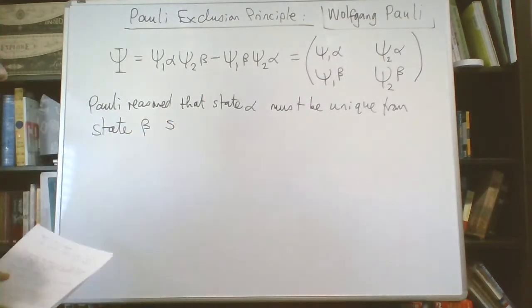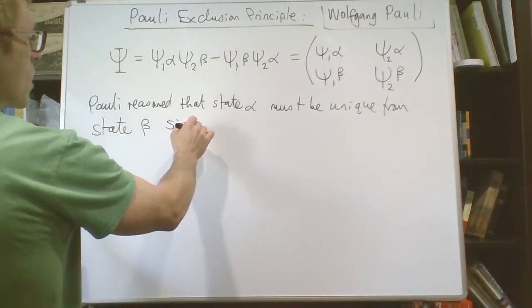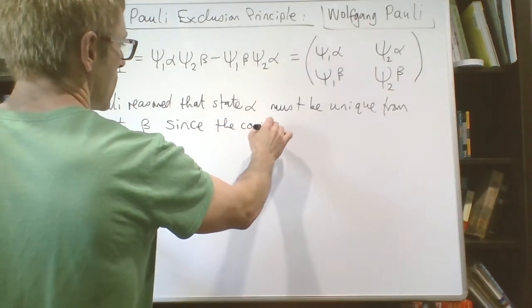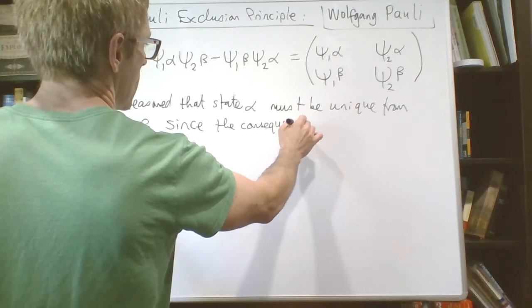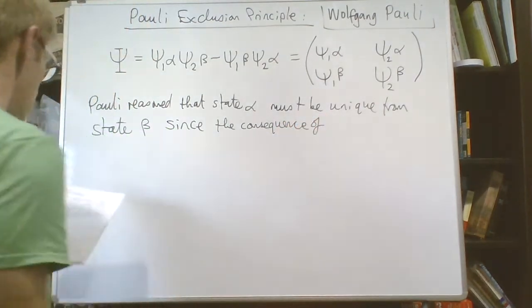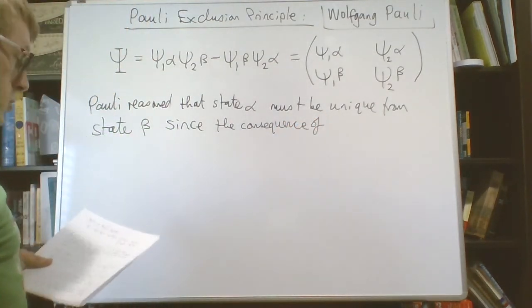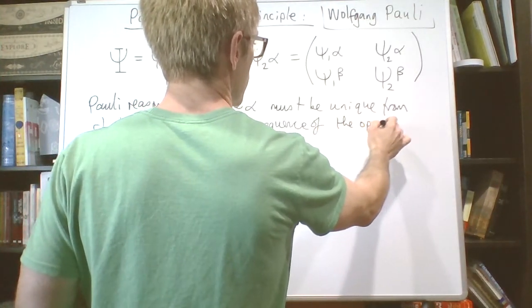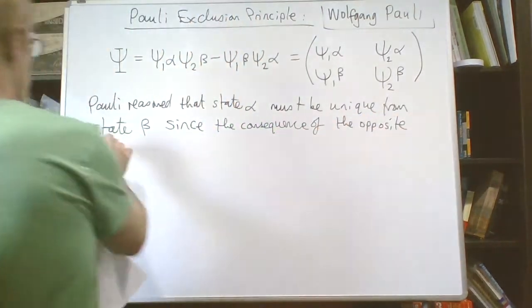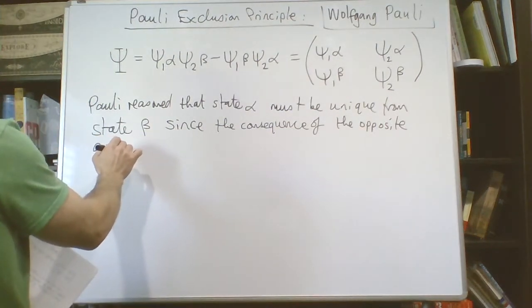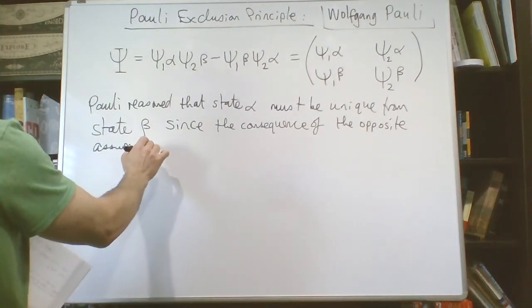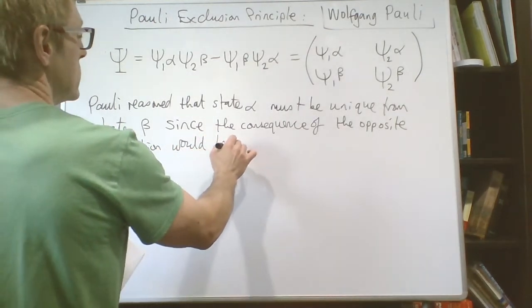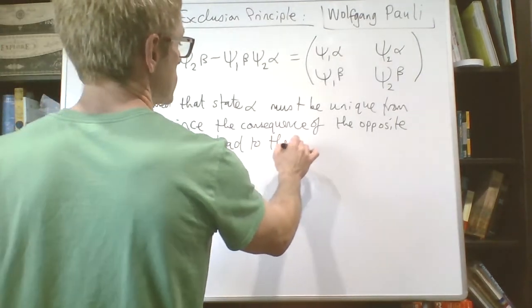He reasoned they have to be unique since the consequences of the opposite assumption would lead to the collapse of the universe.